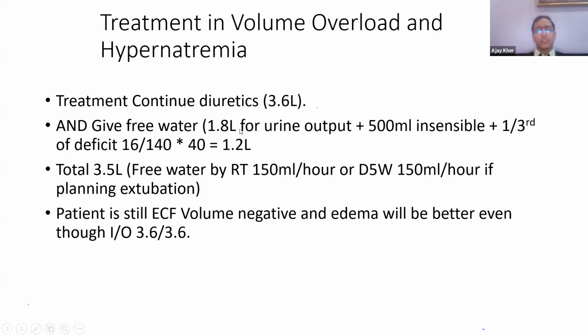So we'll take 1.8 liters for free water plus 500 for the insensible. And let's say we want to correct the serum sodium by 16. So then we'll get 1.2 liters. And so total would be about 3.5 liters of water that we want to give.